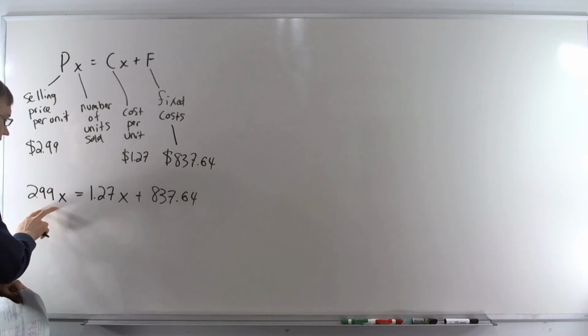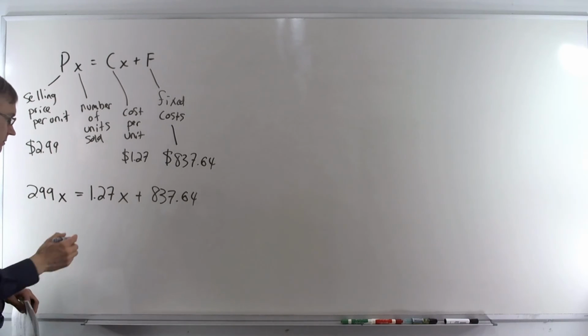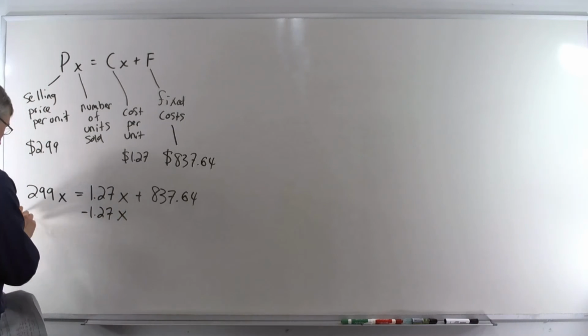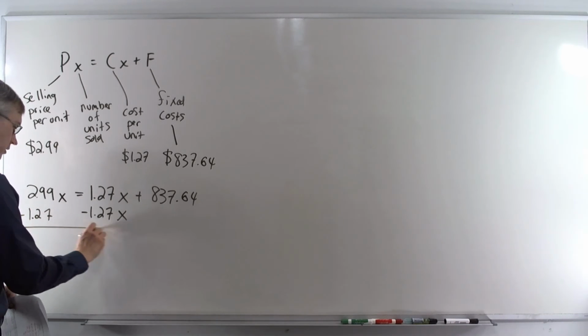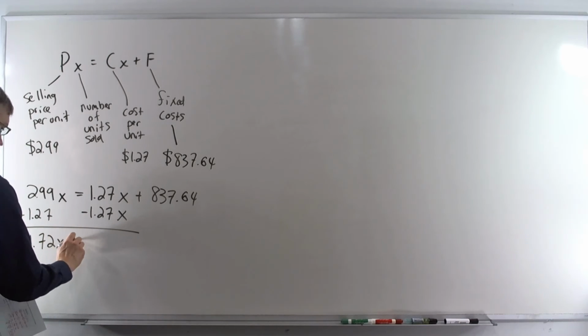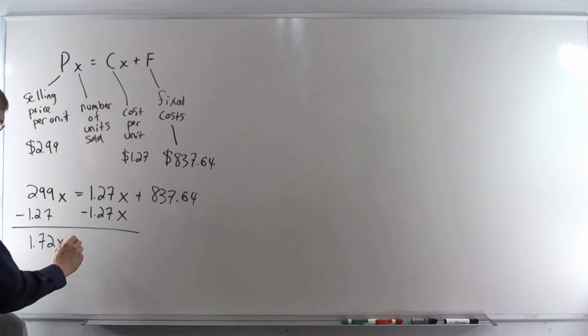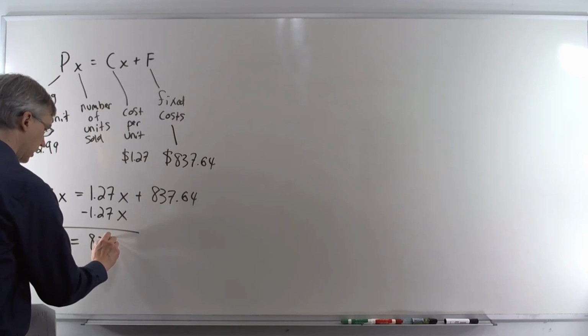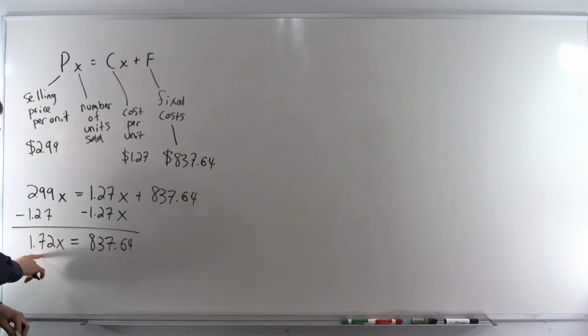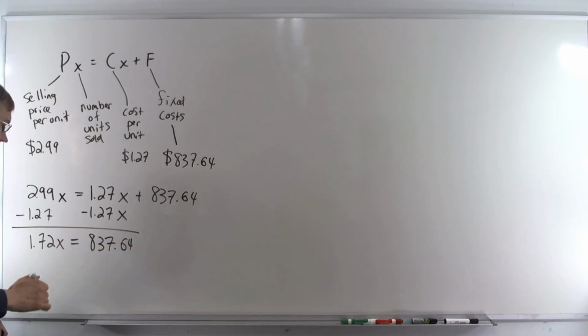All right, now we've got an X term on each side, so we're going to combine like terms. I'm going to do that by subtracting 1.27x from each side. That gives us 1.72x equals 837.64. We got 1.72 by subtracting the cost from the selling price. So this is the amount of profit they make on every box. We need to divide our fixed cost by the profit on every box.